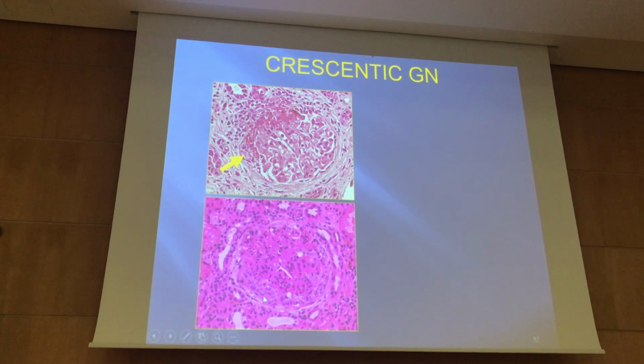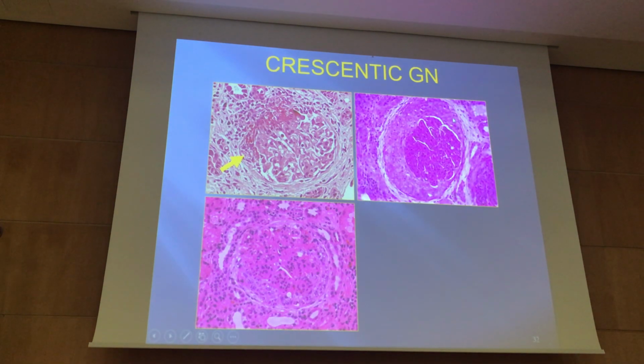again, it is almost encircling the glomerulus. It is obliterating the Bowman space. Then you can see that almost it has encircled the whole glomerulus.